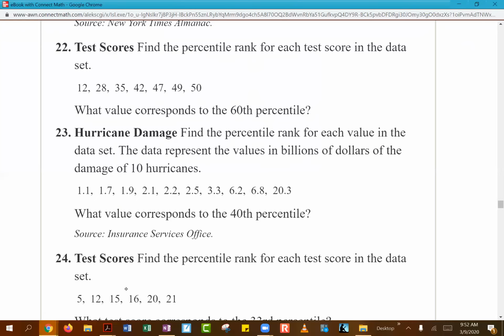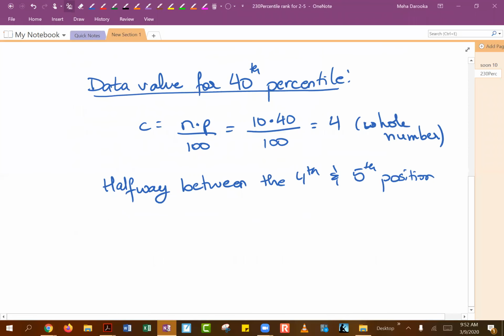So you don't need to find that average, right? Just add the two numbers, divide by 2. So that would be 2.1 and 2.2. So the data value is 2.15.